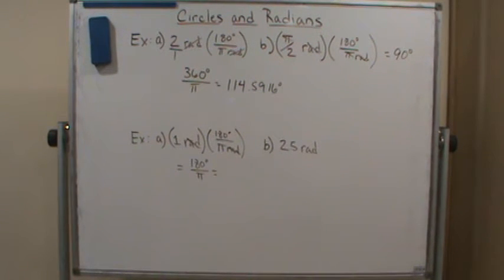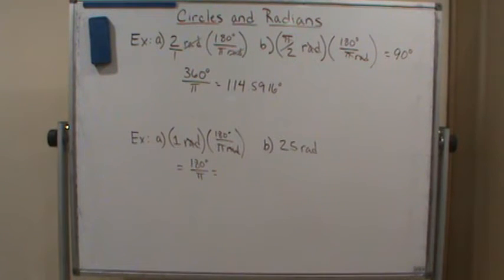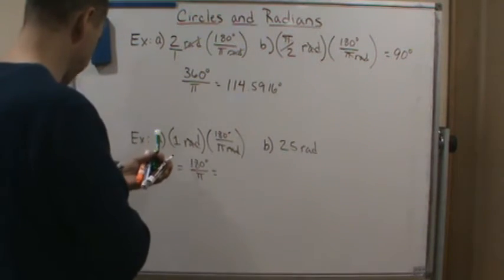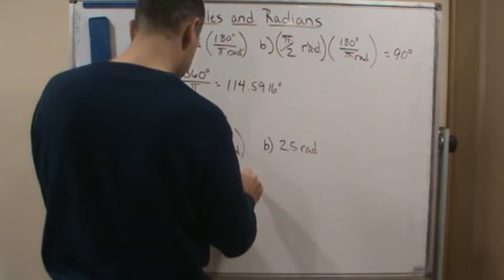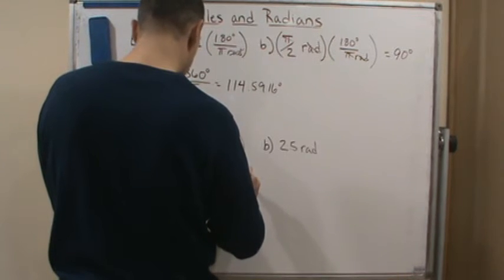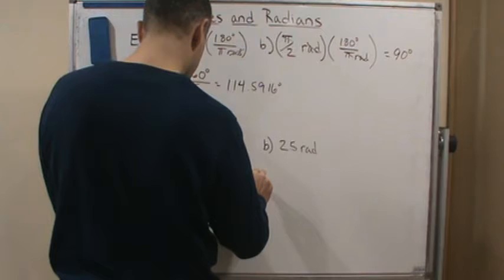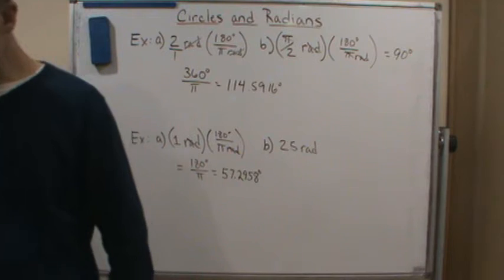And so, what do you get? So you get approximately 57.2958. So that's 57.2958.